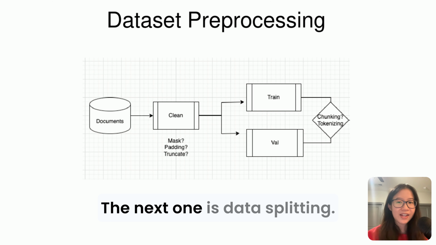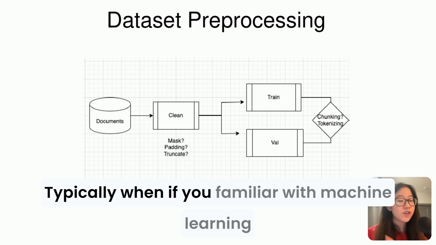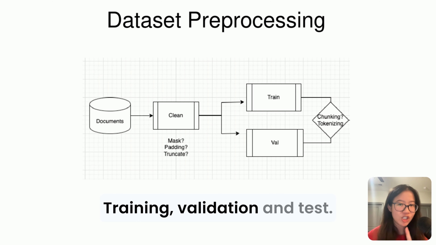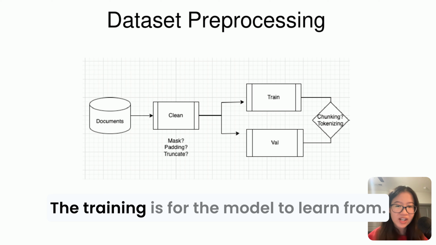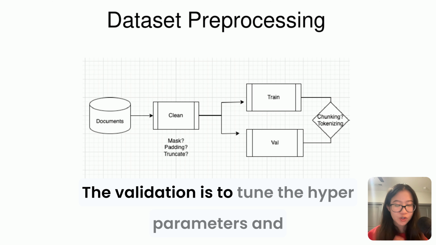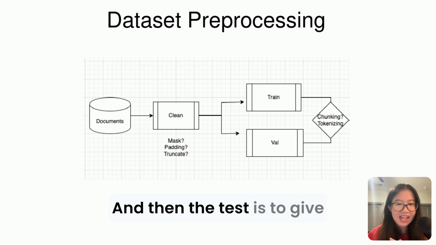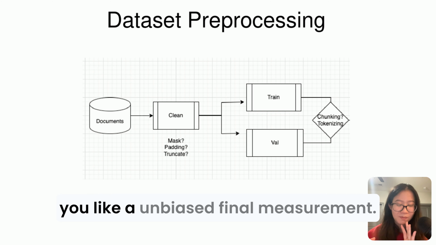The next one is data splitting. If you're familiar with the machine learning process, you want to create three sets: training, validation, and testing. The training set is for the model to learn from. The validation set is to tune the hyperparameters, and you can see whether it's underfitting or overfitting. And then the test set is to give you an unbiased final measurement.